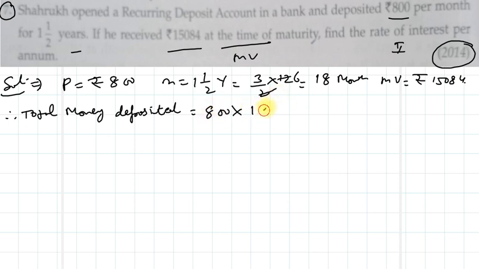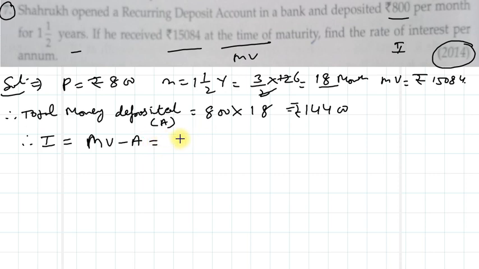So for 18 months, this 18 months we will 18 8 ja 14400 rupees, right? So therefore interest is total money deposited, or we will call it as A, MV minus A. So MV is 15084 minus 14400.